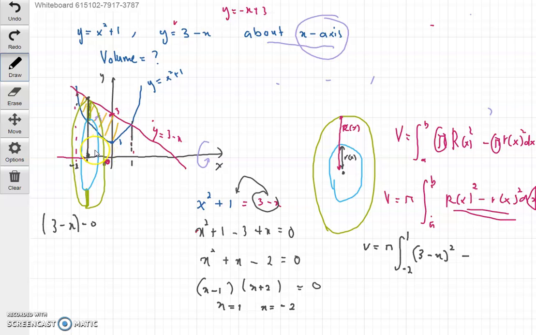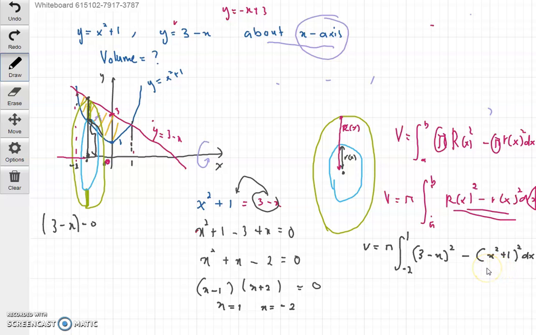Small r here is given by this part, from here to here, the blue curve. It's still 0 at the bottom, and the top value lies on the blue curve, which is x squared plus 1. So you get (x squared plus 1) to the power of 2 dx.